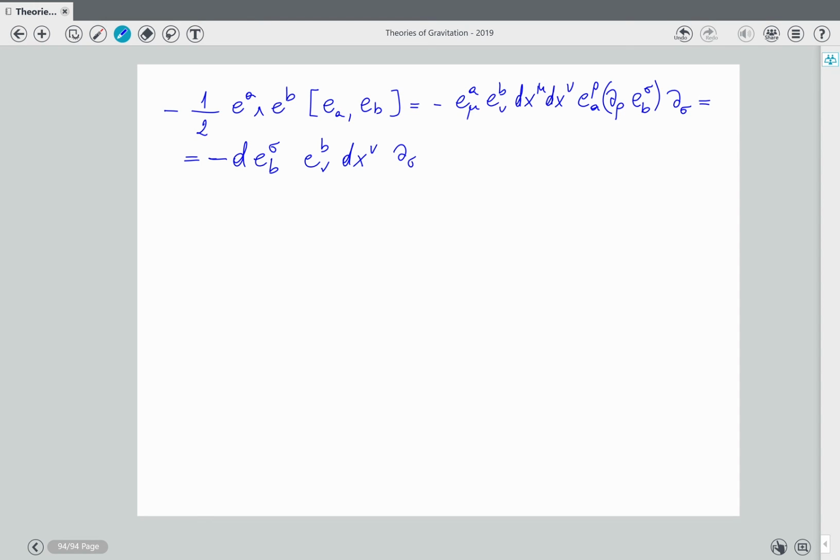Here we can do the same trick we did before, because you see this is a matrix, this is the inverse matrix. One is under the exterior derivative, the other is not. And so d of the product is of course d of delta sigma nu, that's 0. So that means that d of E sigma b EB nu is equal to minus E sigma b d EB nu.